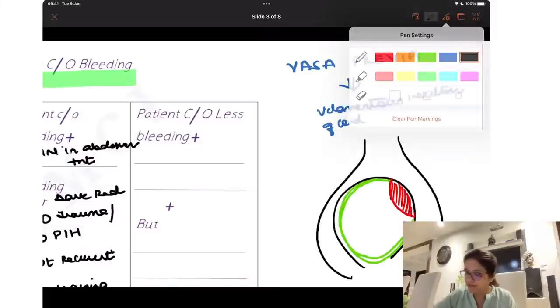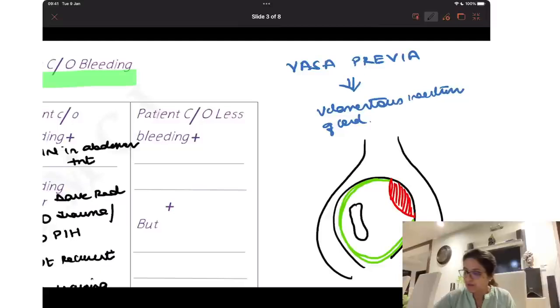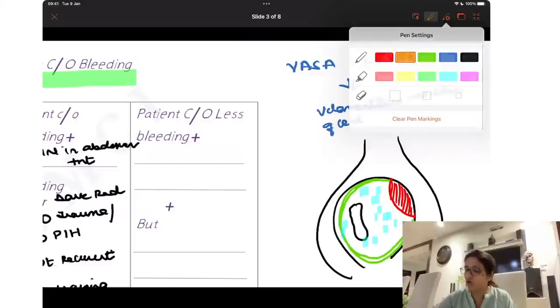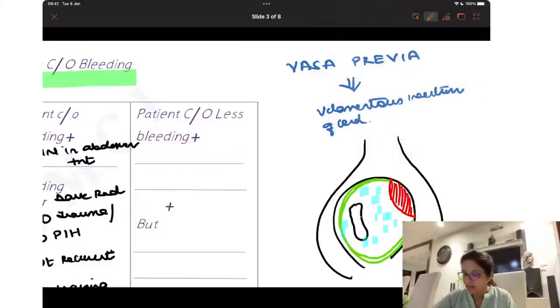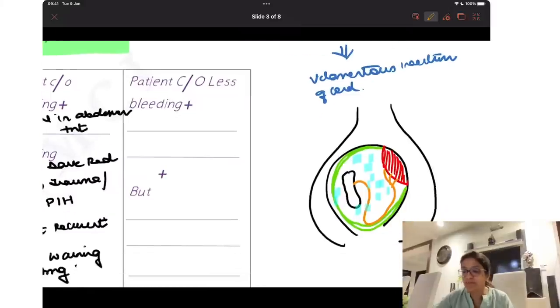And this is the fetus. This over here is amniotic fluid. And suppose the cord of the baby is first attached to the membranes and then it goes and attaches to the placenta like this. So cord is attached to the membranes first.